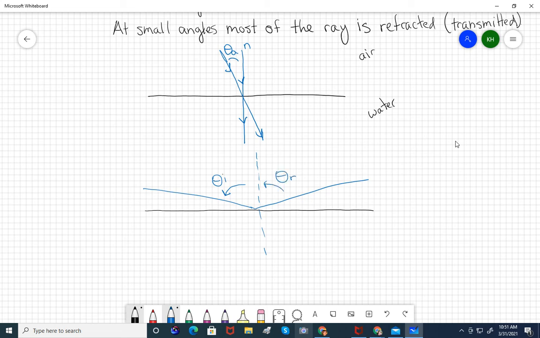Doesn't mean that none of the light will go in. Some of it will still go this way and it will still refract. But you're going to have a much higher intensity of reflection. There's not going to be any quantitative aspect to this. I just want you to know that as the angle of incidence increases, more and more of the light is going to be reflected.